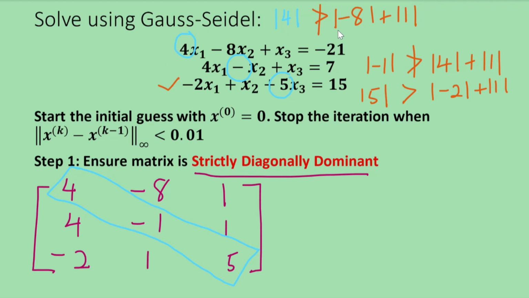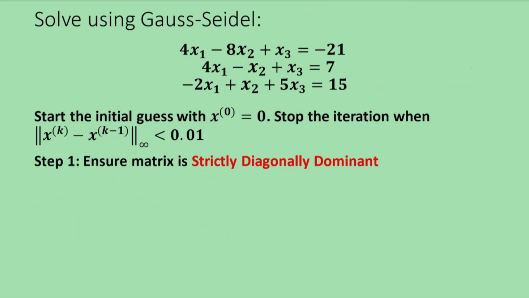Now, how I would solve this problem is a bit simple. I would show you how. I would first look at the entries with the largest magnitude in each row. That means in this case, we would ignore the values here, okay? So in this case, it would be negative 8. In this case, it would be 4. And in this case here, it would be 5.